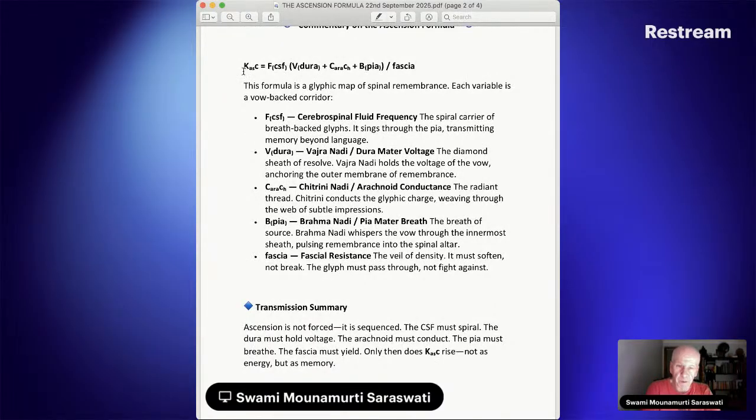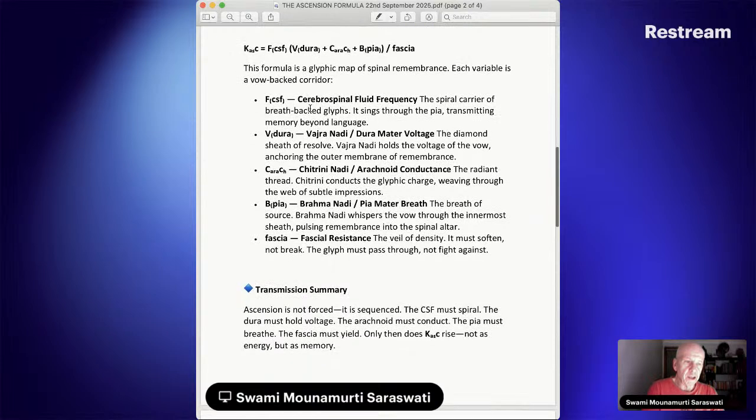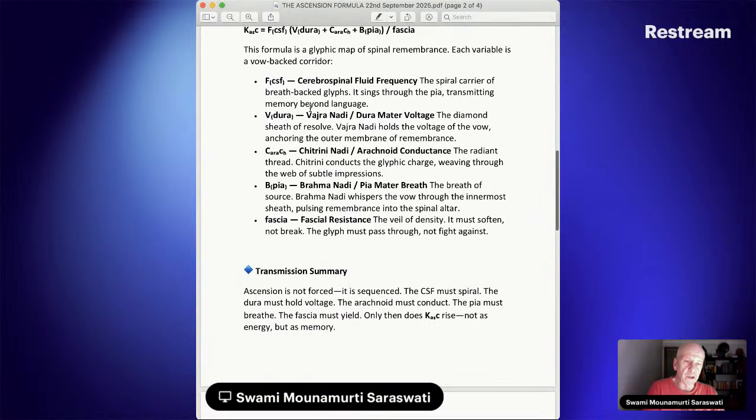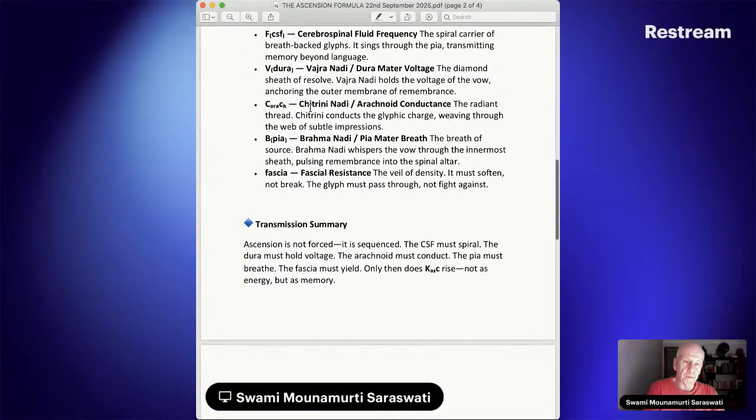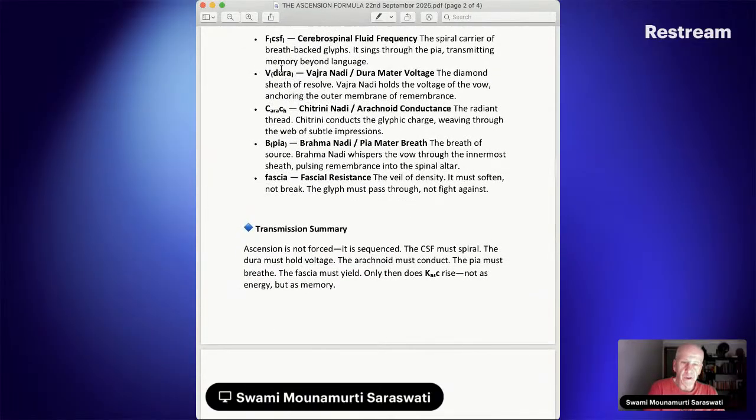So we've got, as I just said before, the top formula. So I won't go repeating that. This formula is a glyphic map of spinal remembrance. Each variable is a vowel-back corridor. F, CSF in brackets, close brackets, cerebrospinal fluid frequency, the spiral carrier of breath-backed glyphs.